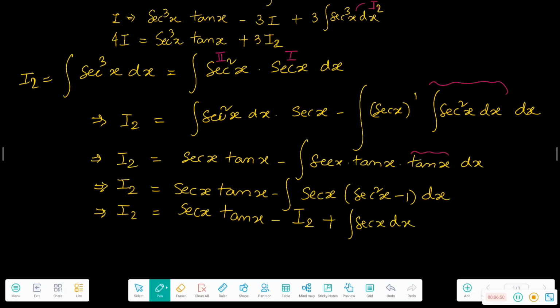We can take this I2 to that side and say 2I2 equals secant x tan x plus integral of secant x, which is log of secant x plus tan x, absolute value of that.